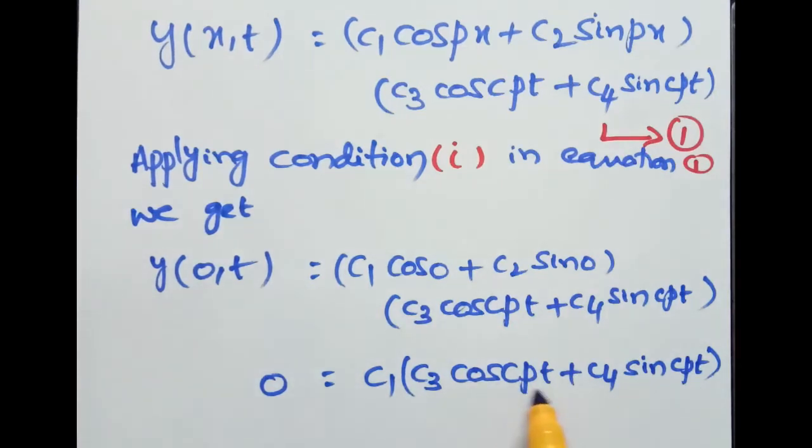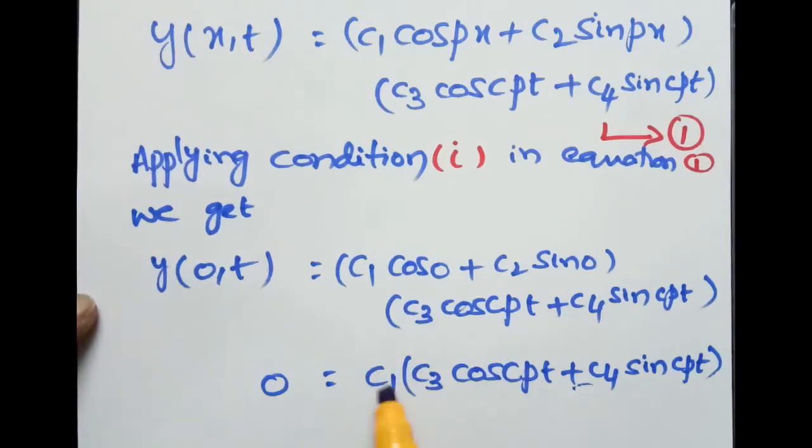But C3 cos cpt plus C4 sin cpt is not equal to 0 because it is defined for all values of t. So it can never be equal to 0. Even at time t equal to 0 we get cos 0 equal to 1, so it will never be equal to 0. Therefore the remaining factor is C1, so definitely C1 will be equal to 0.